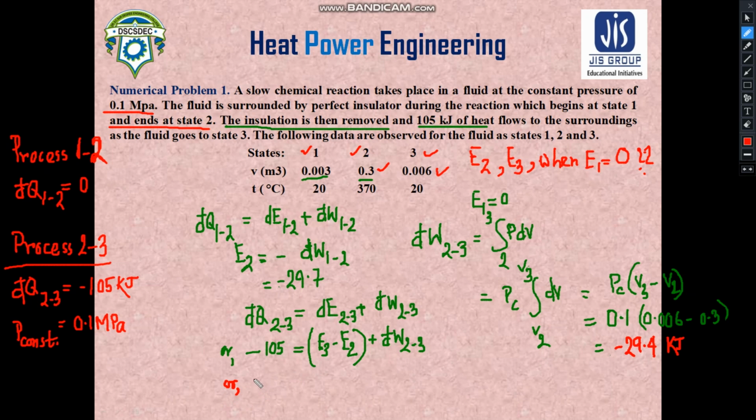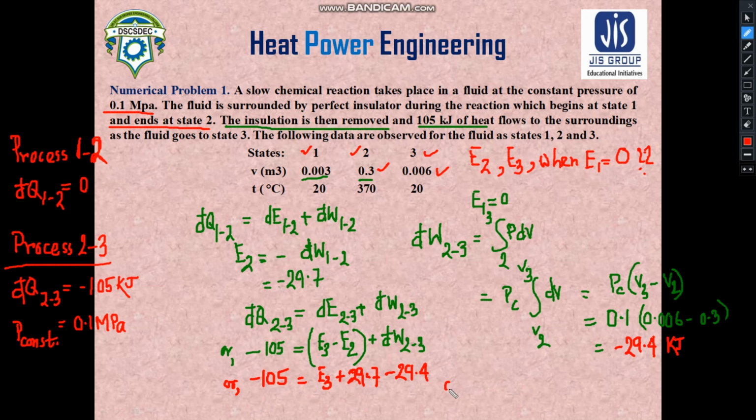So now you have the work done for the process 2 to 3, and you can simply put that value. You know the value of E2 because you have already calculated it. So it will be plus 29.7, and it will be minus 29.4.